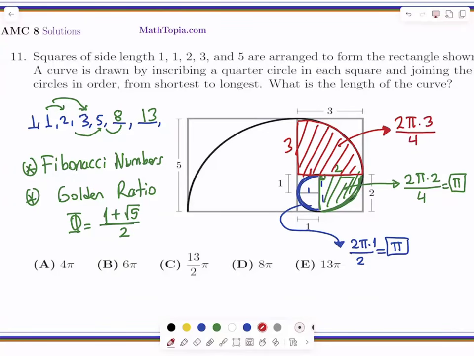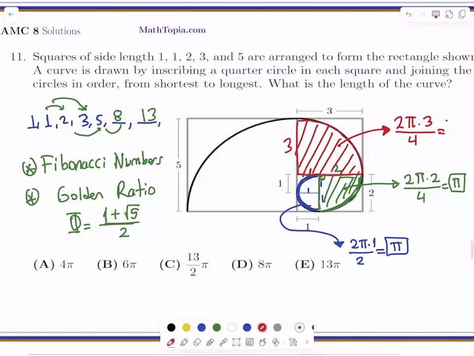Are we okay for this one? Is it still 2 pi? 2 pi r is 3, right? 3 divided by 4, which is 1.5, right? Yeah, 1.5. Okay, let's go step by step.